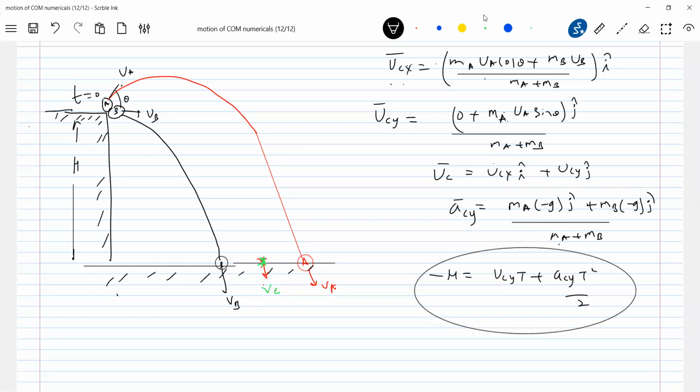Are you getting it, no? If they ask you something about displacement, take help of center of mass. If they ask you about the velocity or speed of the objects in a system, go for conservation of linear momentum. Check whether net force is zero or non-zero. Both are combined. If you think about displacement, the center of mass idea will come. If you think about the velocity of the system, then momentum will come.